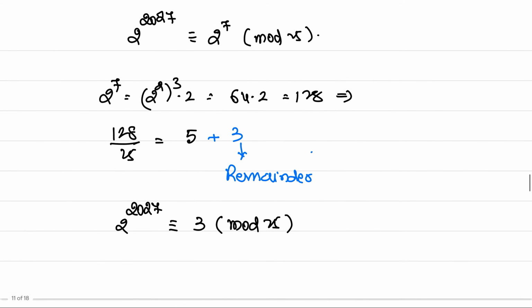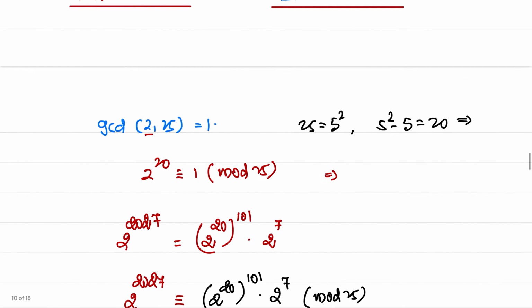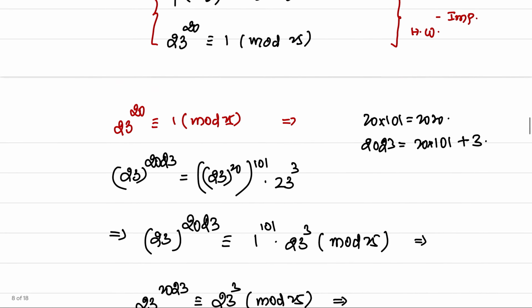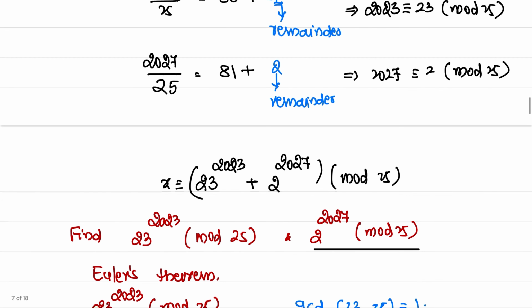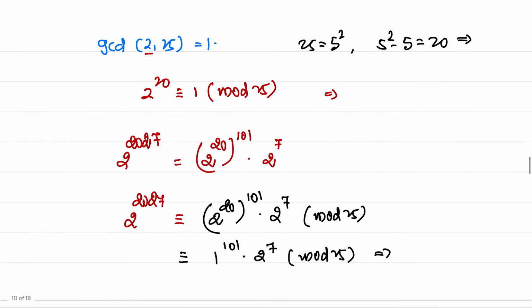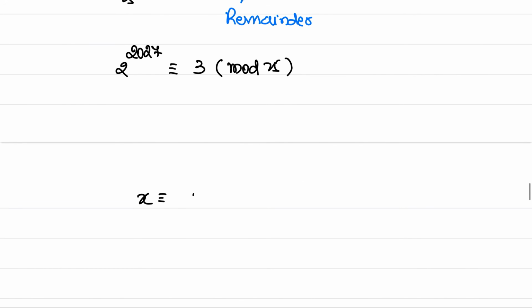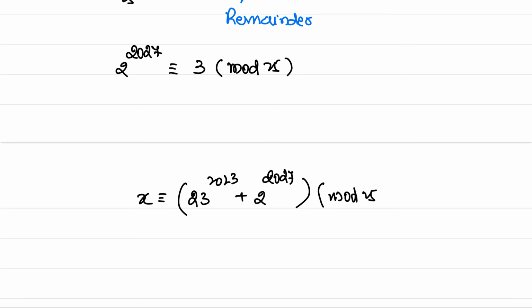That means ultimately, what have we got as the answer? X equivalent, mod 25, what is x equivalent? Here we have written 23 to the power of 2023 plus 2 to the power of 2027 mod 25.